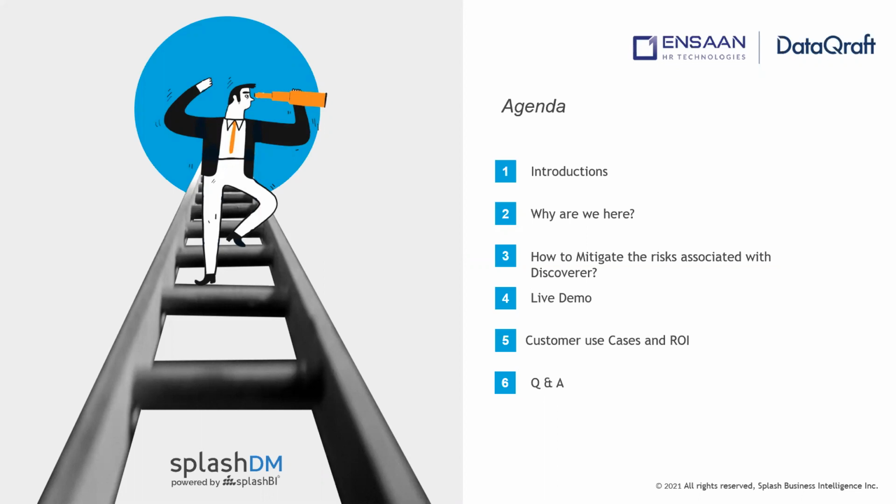Then Rishabh will show you a live demonstration of Splash DM, and then we'll talk about some customer use cases and return on investment. There'll be some poll questions as we go through the agenda, and we'll finish up with a Q&A. As Ashna said at the start, please put your questions on the chat at any point. They will be picked up and will be addressed at the end.